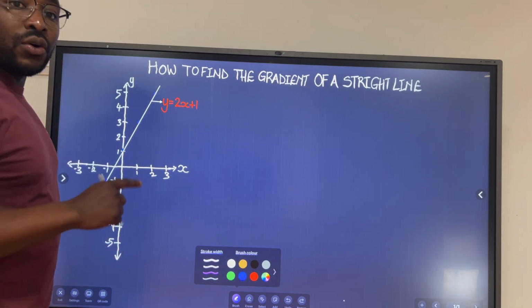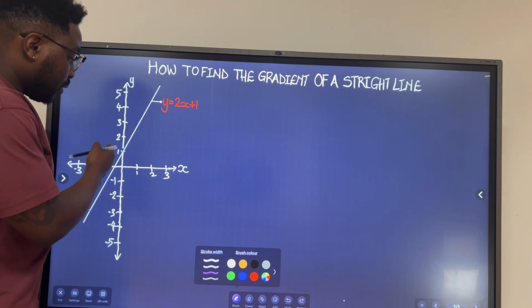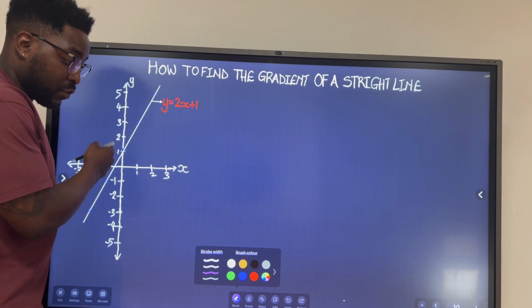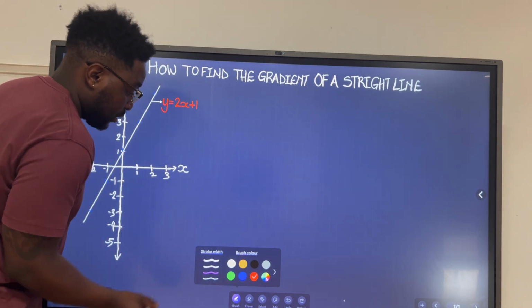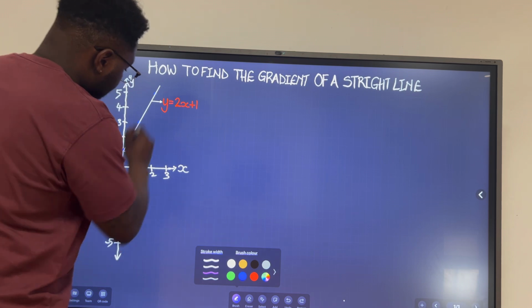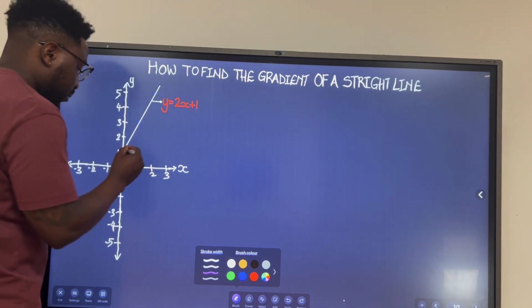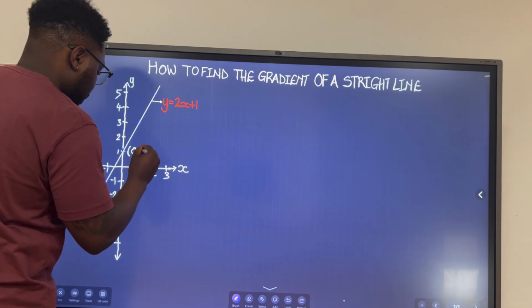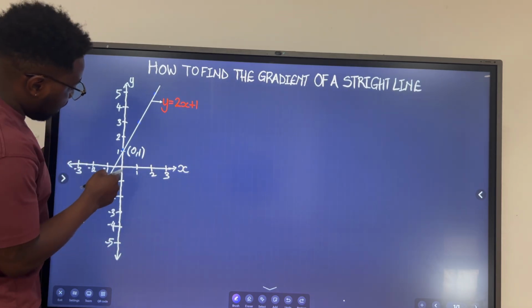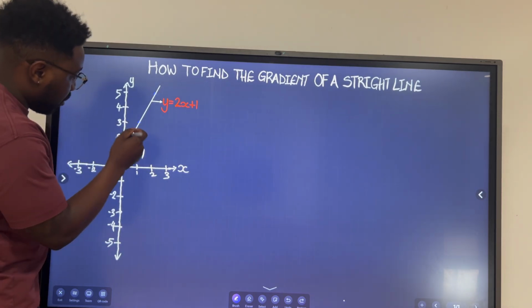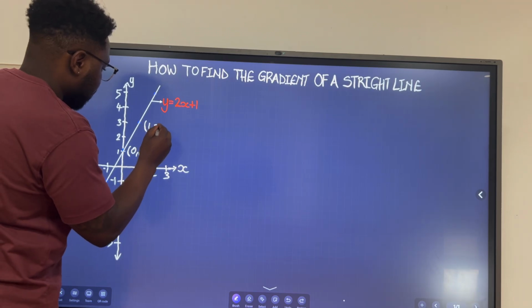Okay, so let's pick 2 points on our straight line graph over here. I'll pick this point over here, which is (0, 1), and I'll pick this other point over here, which is (1, 3).